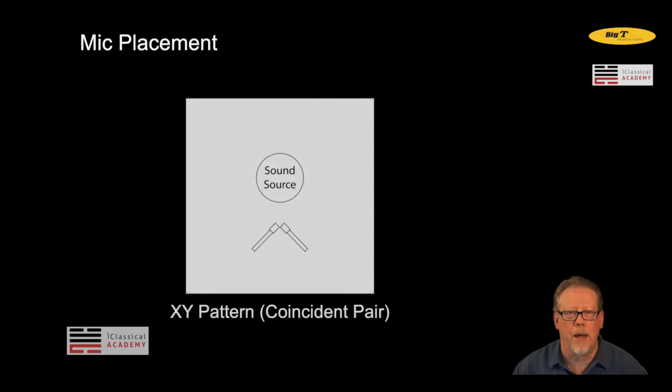The most common stereo mic configuration is the XY pattern, also known as the coincident pair. It uses 2 mics that are placed next to or above each other at a 90-degree angle facing the left and right sides of the stereo field.